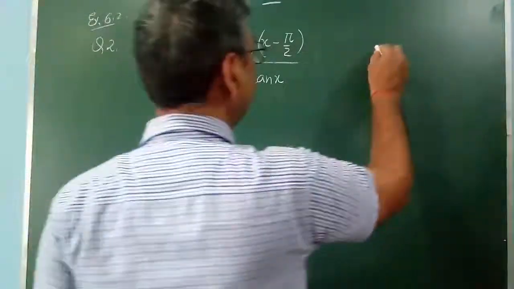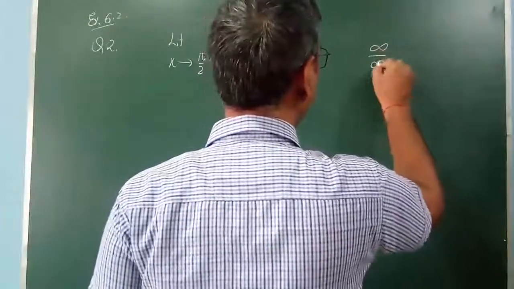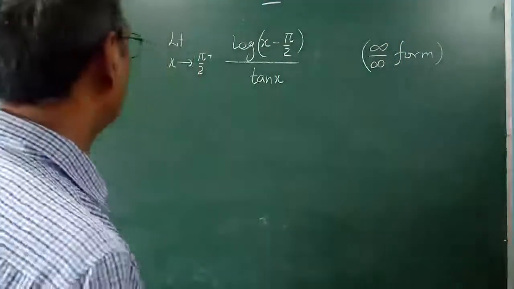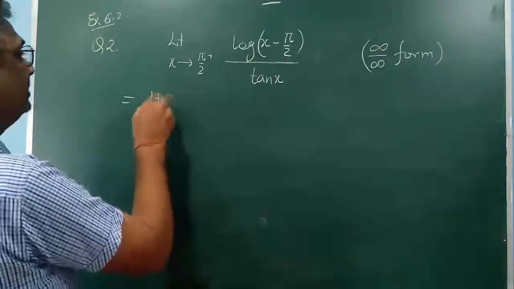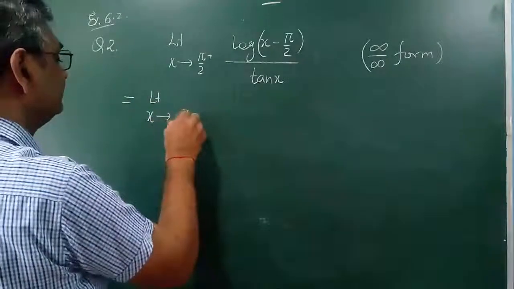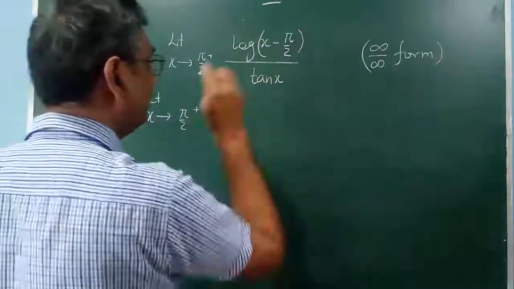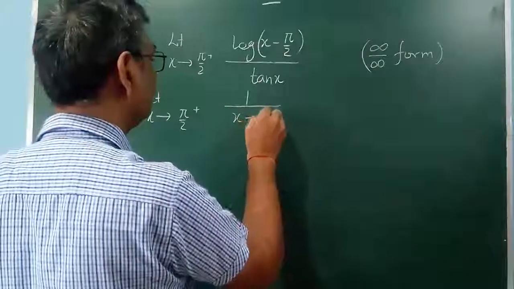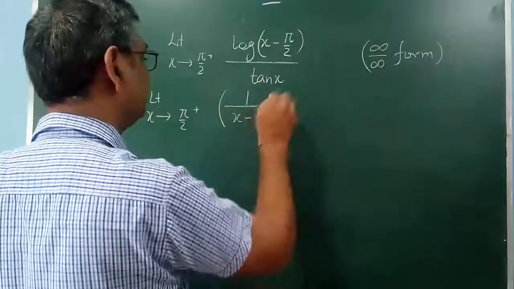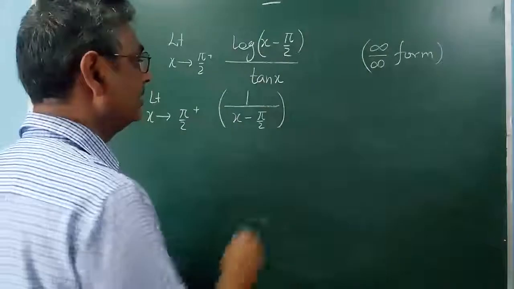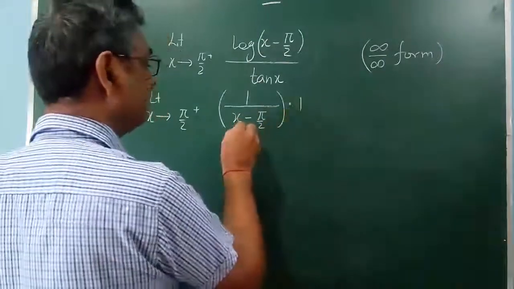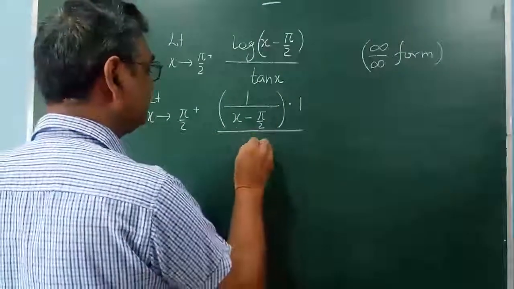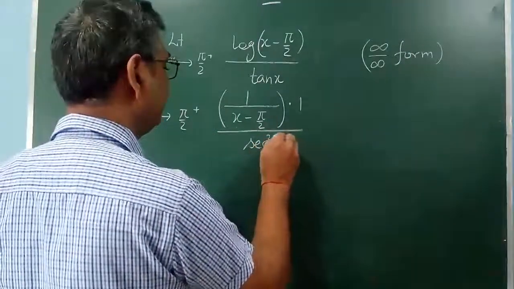So this is of which form? Infinity by infinity form. So here limit, if I differentiate this, I have got this into 1, because differentiation of x is 1, this is constant, so this is 1, differentiation of this is sec square.